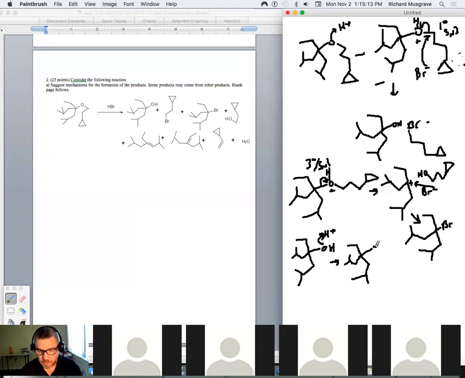So then for that second row of products, you're looking as to which ones it could come from the top row of products. Now the alkenes, it should be pretty obvious which alkenes come from which alcohols.